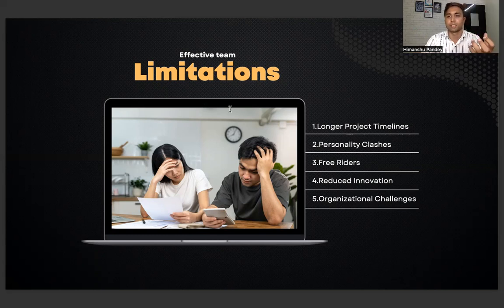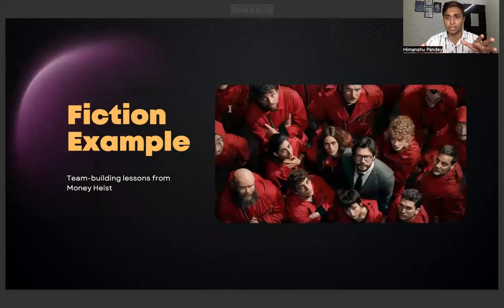Let's try to understand it in detail with an example. Here is a fictional example of team building. We have all seen the web series called Money Heist. Let's try to understand the team building lessons from Money Heist.